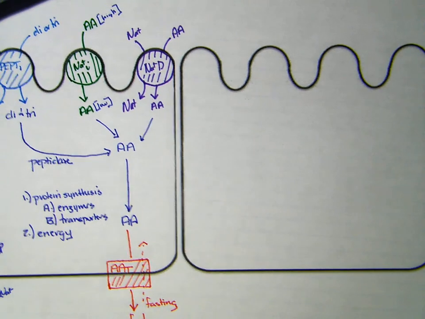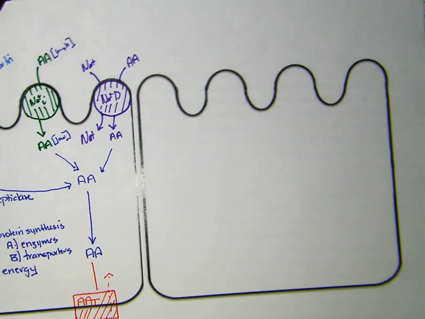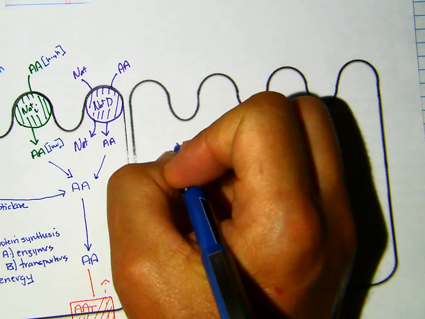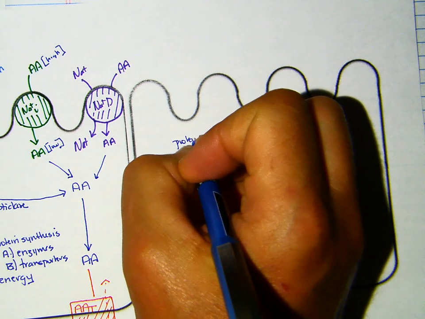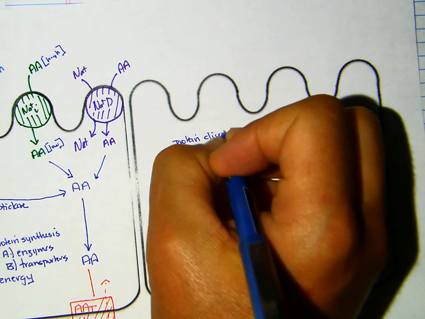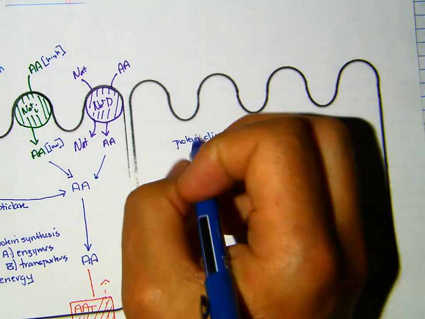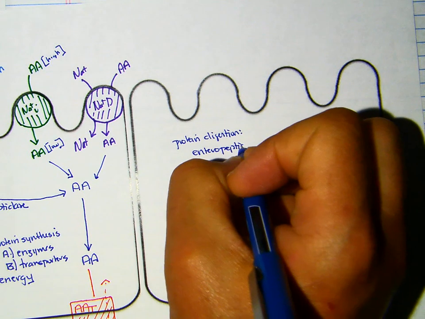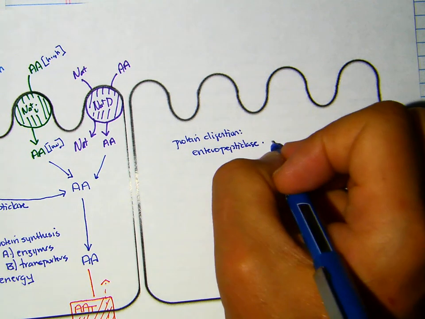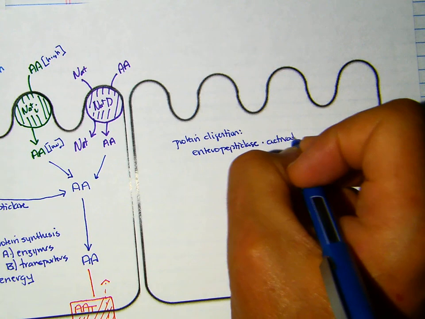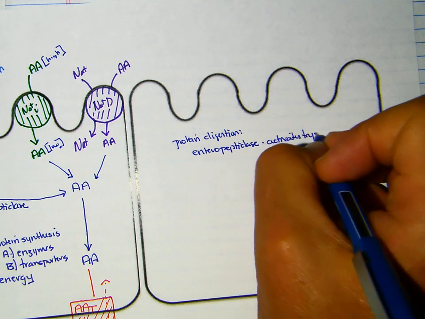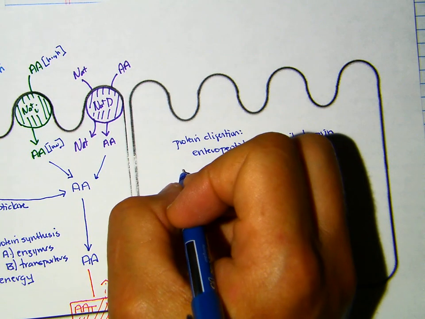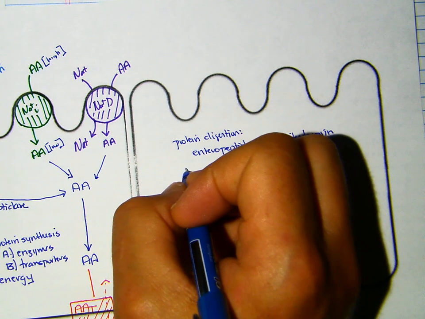Maybe over in this other enterocyte, just so you guys can keep track of it, what is our enterocyte producing for protein digestion? Well, it's producing enteropeptidase, which activates trypsin, and it also produces the brush border peptidases.